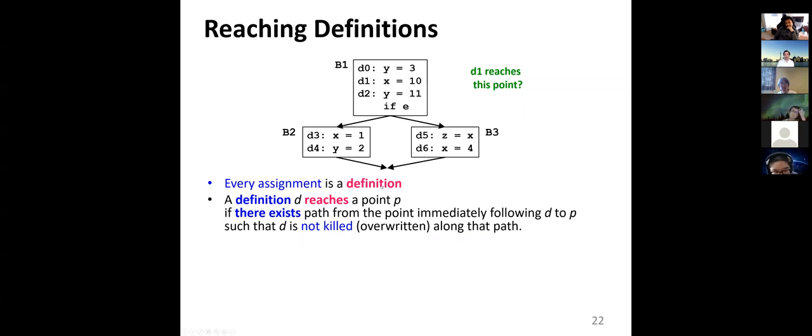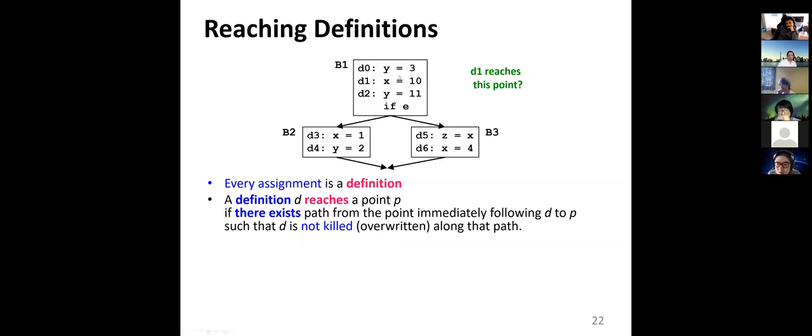Remember that every assignment is a definition, and a definition D reaches a point P if there exists a path from the point immediately following D to P such that D is not killed, which means overwritten, along that path. What does that mean? It means it shouldn't be exclusively one path. If there is at least some path that leads to that, it means that D1 reaches this point.